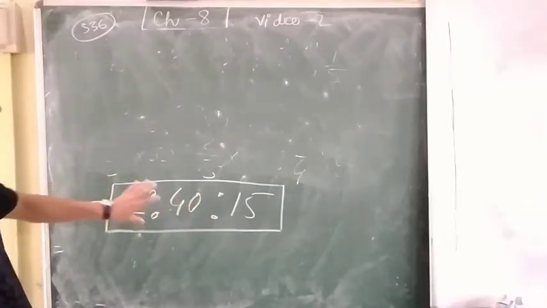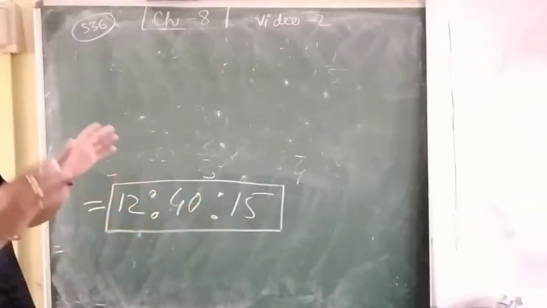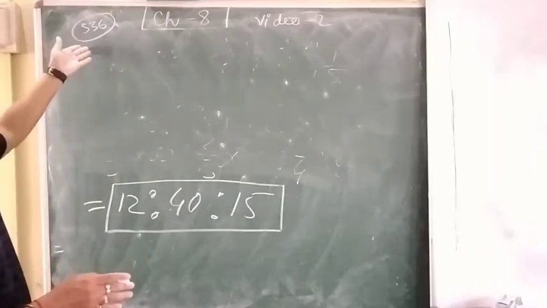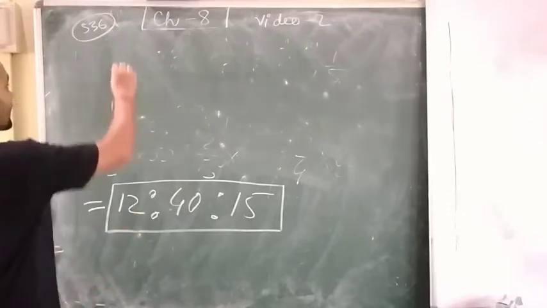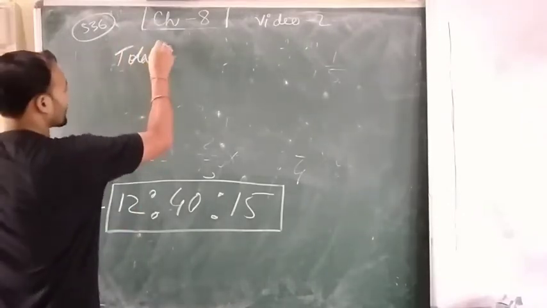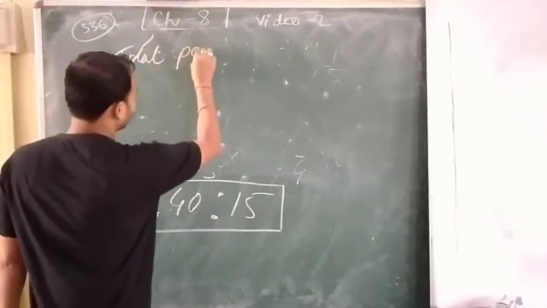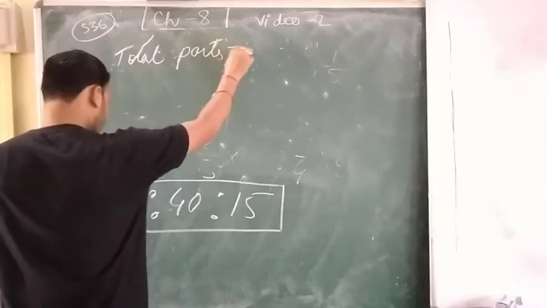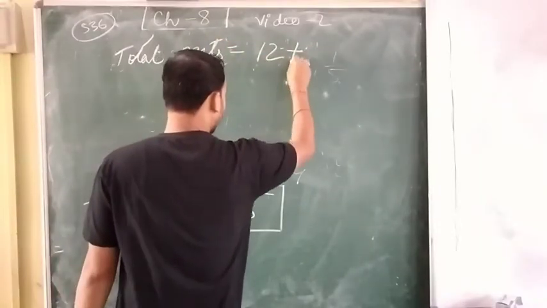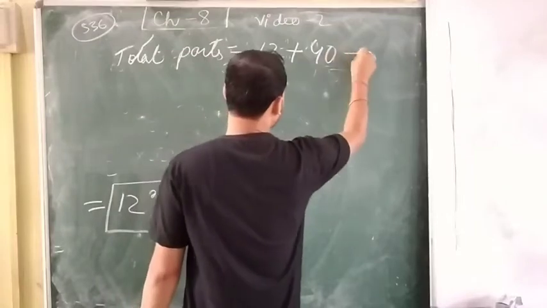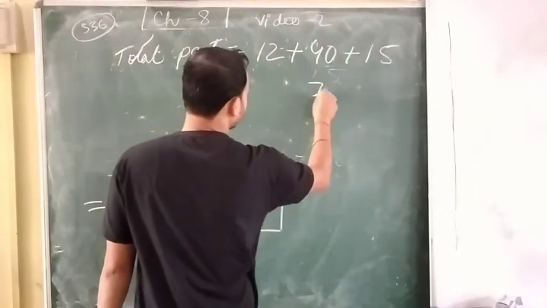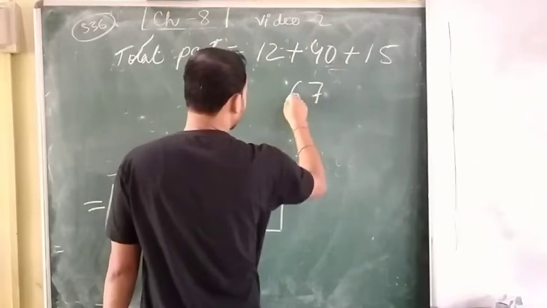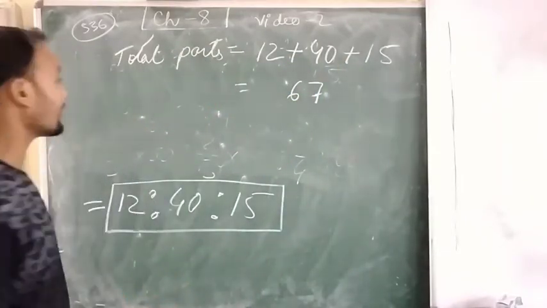That means we first need to calculate the total number of parts that it is going to be split into. Total parts: you simply add this, 12 plus 40 plus 15, which is 67. 67 is the total parts.